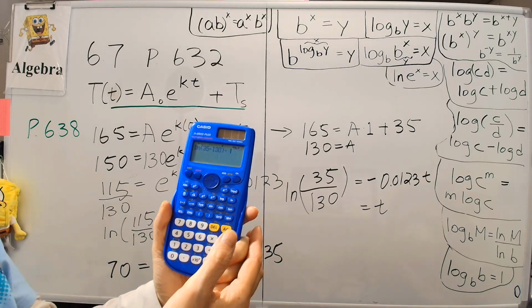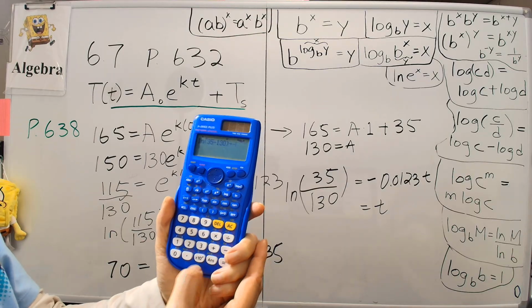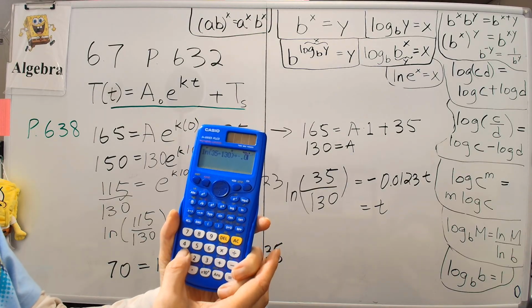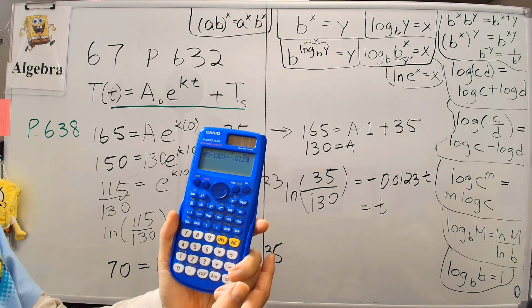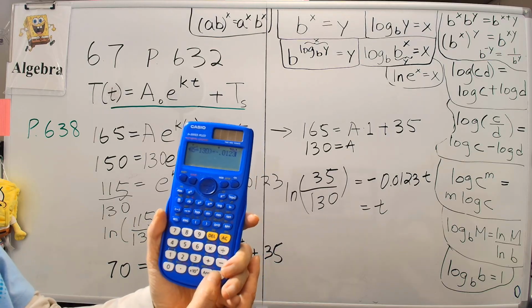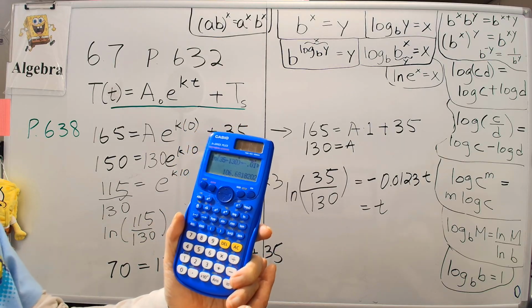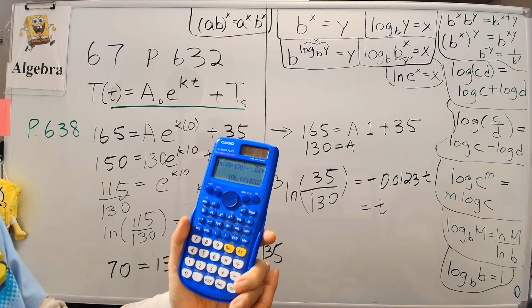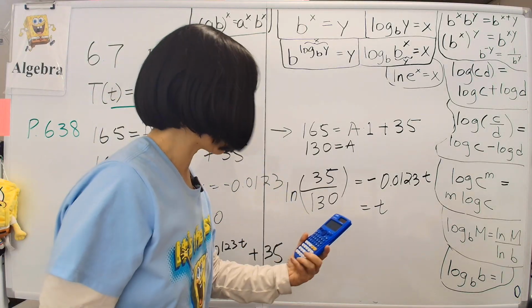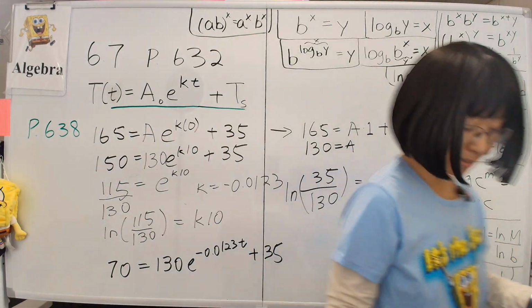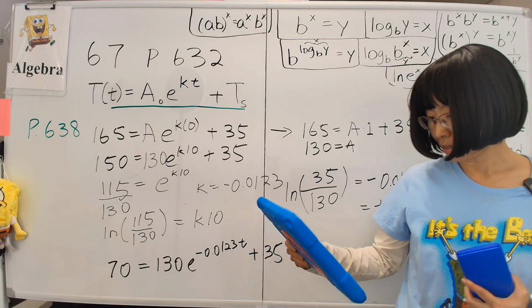Yours might not be that way. 0.0123. Is that right? Okay, that looks okay. Let's see what it says. Okay, I got 106, or something like that. About 107 what? Minutes or something, right?